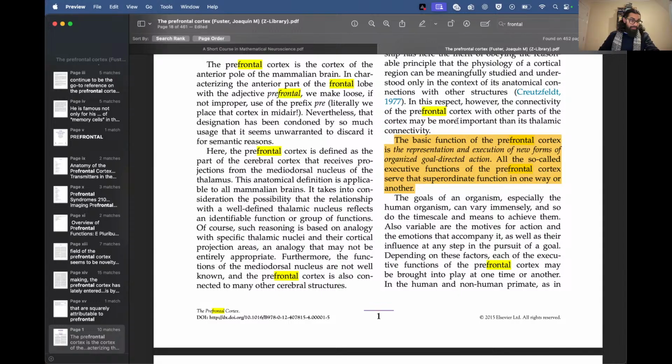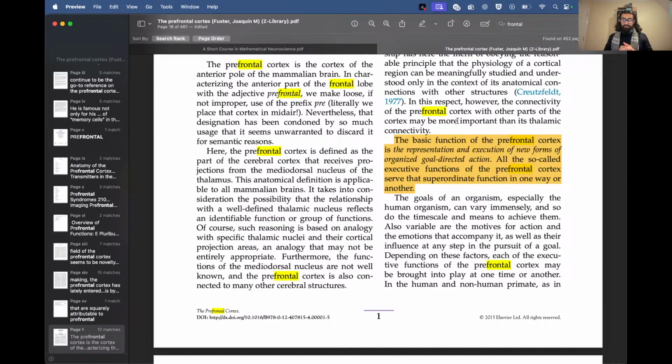IQ tests, which I'm of the opinion is a complete scam, but in any case, just to test human beings and their intelligence, were very insensitive when it came to frontal lobe damage.